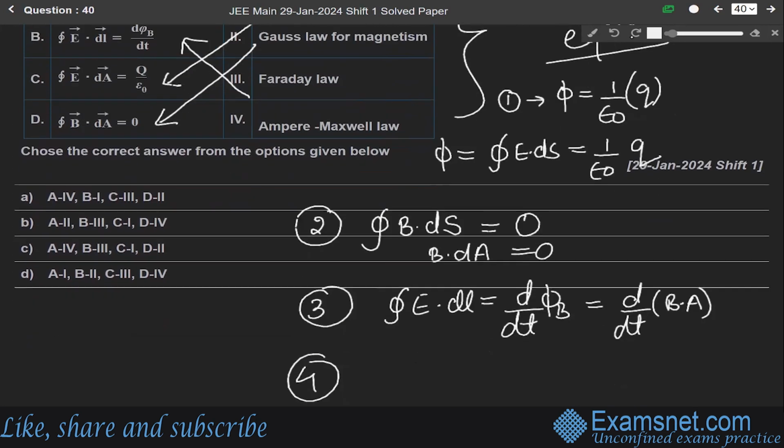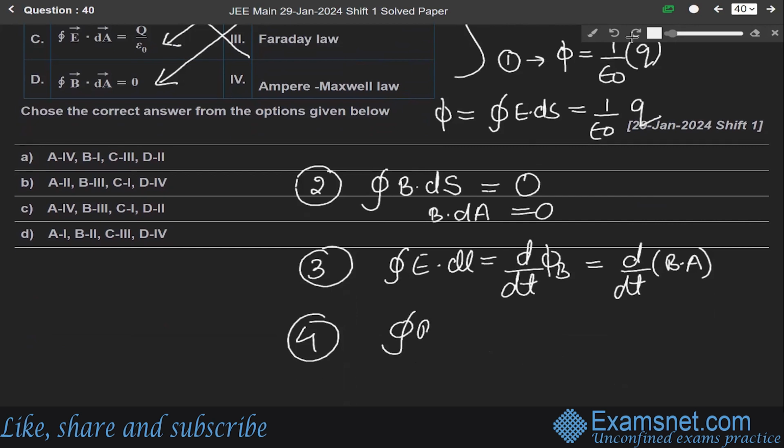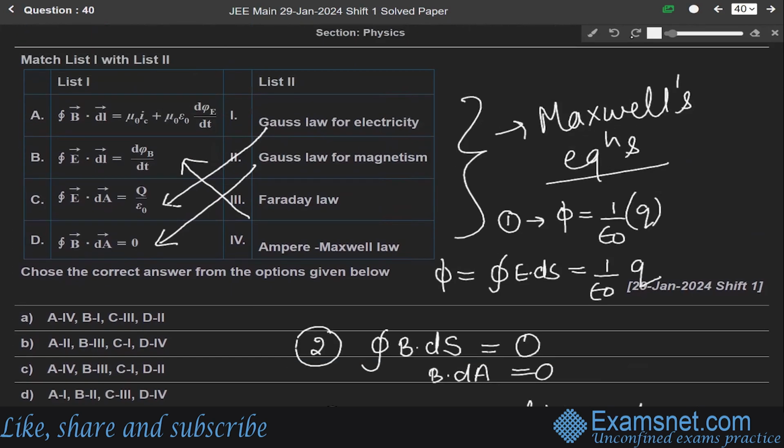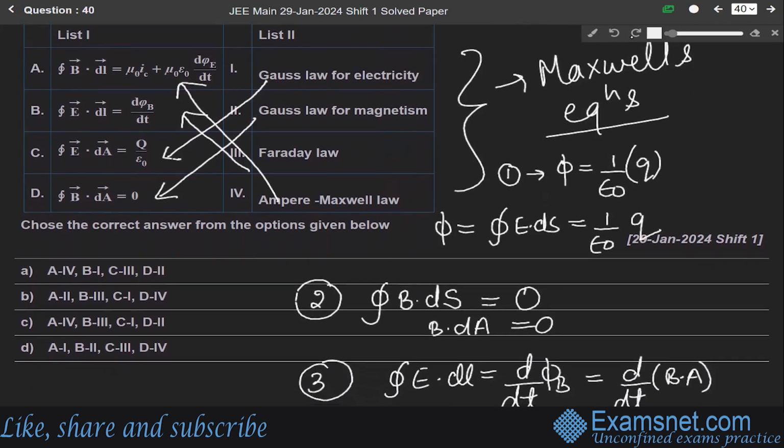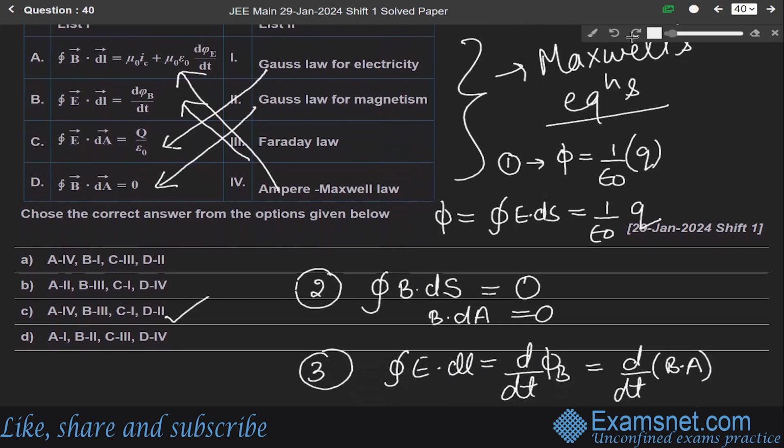This law states that the line integral of B dot dl is equal to mu naught times the current enclosed by the surface plus mu naught epsilon naught times del phi E over del T. So Ampere's Maxwell law, the fourth, will match with option A. So our correct option is option C.